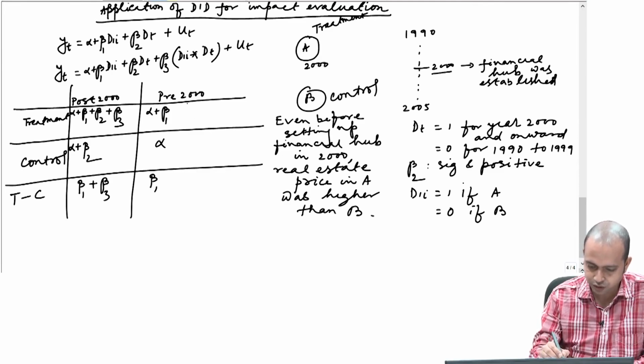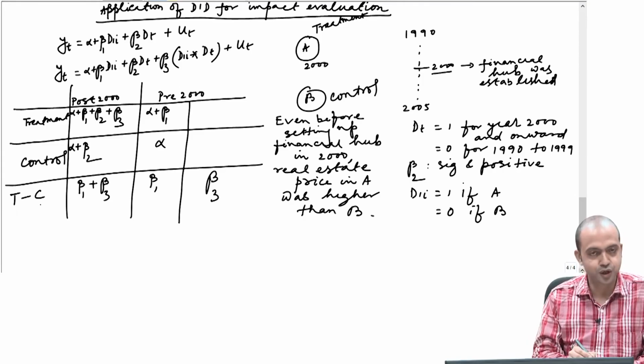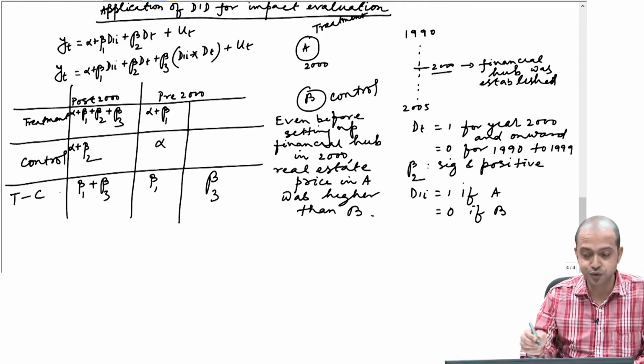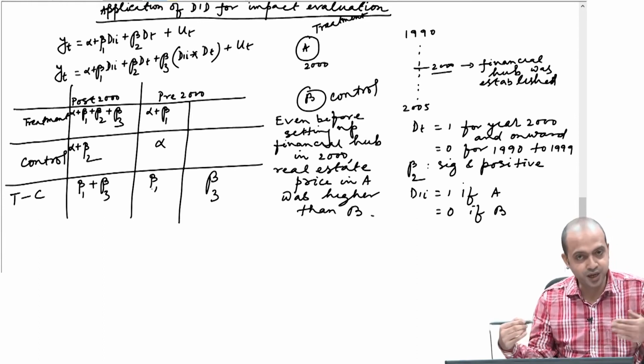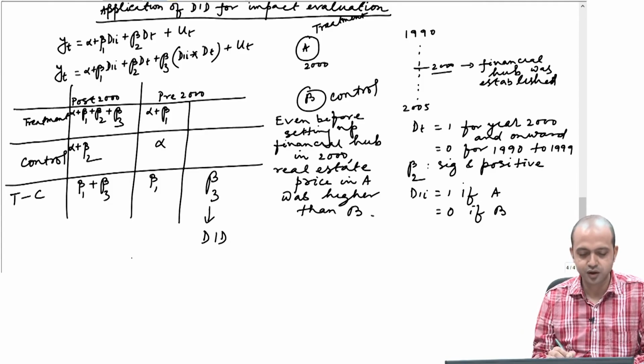If you take the difference in these, then again you will get your beta 3. So, treatment minus control is the difference in the real estate price between A and B post 2000, and then I have also taken the difference in real estate price pre 2000, and then again I have taken the difference. That is why beta 3 is DID here.